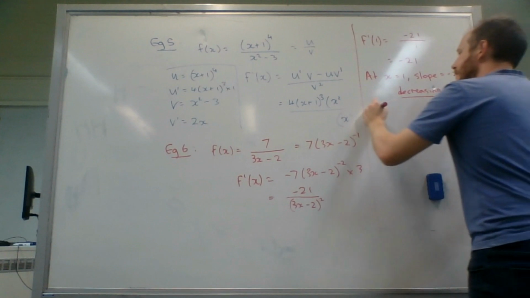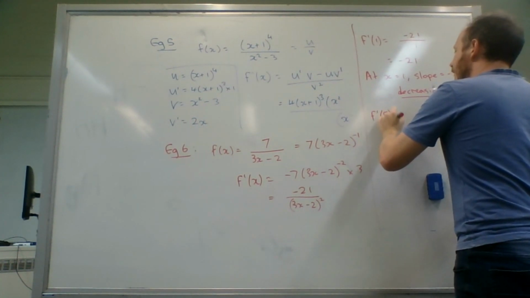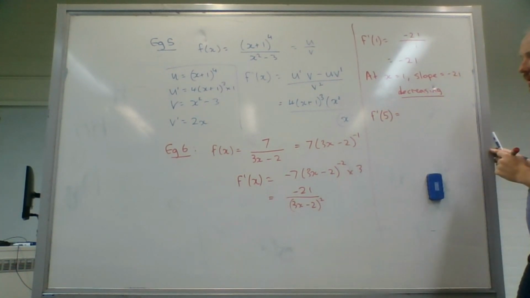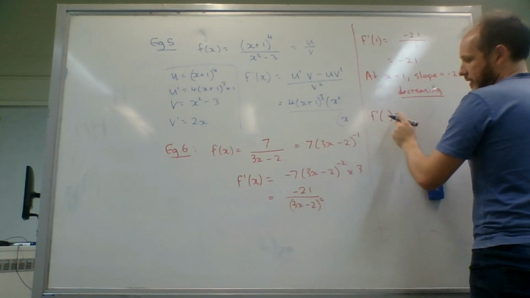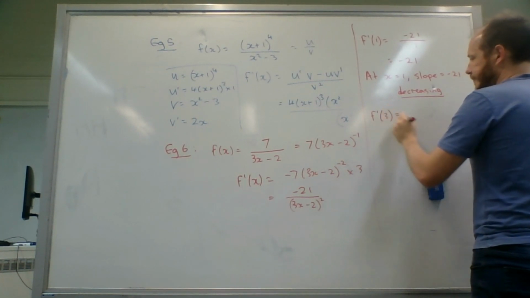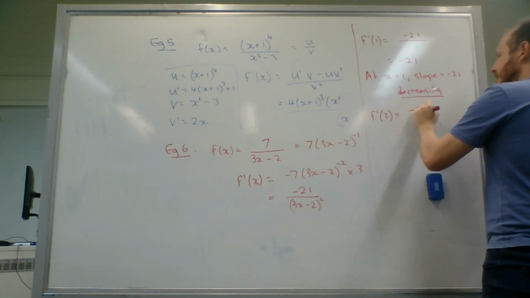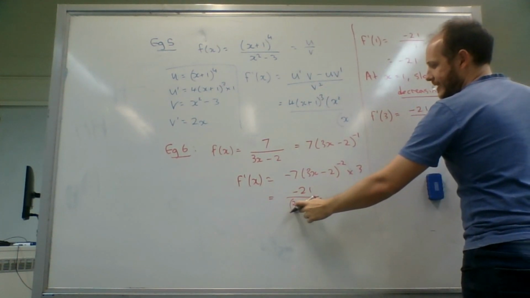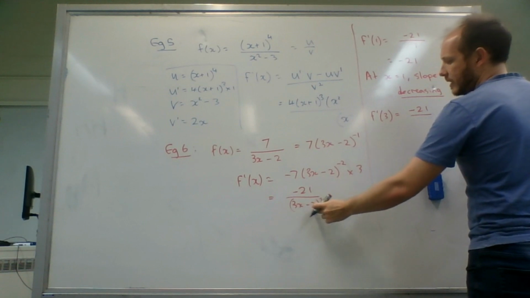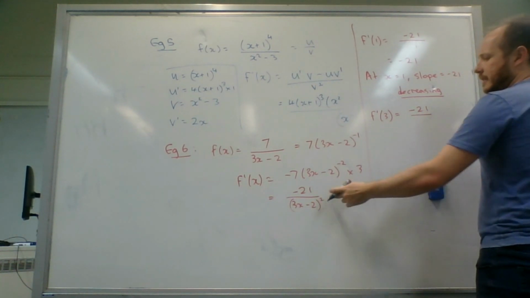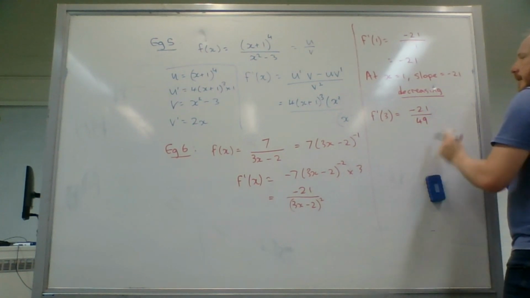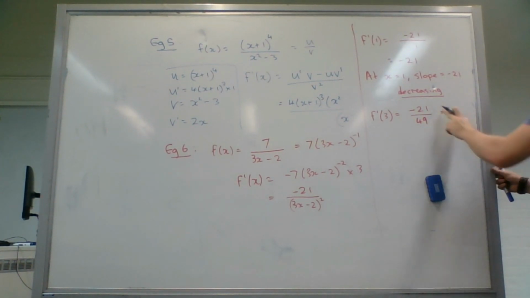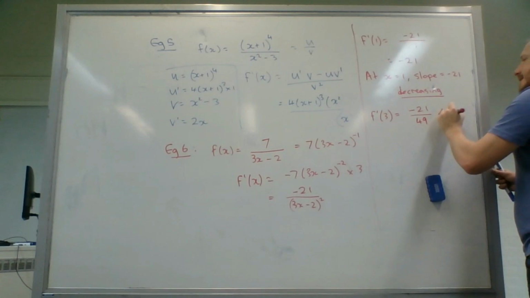All right? Now, if we find, let's say f dash 5, for example, okay? Actually, that's a bit big. Let's do f dash 3. So this would be minus 21. Put 3 into here. 3 times 3 is 9, minus 2, 7. Squared is 49. Okay? Now, this is still less than 0.